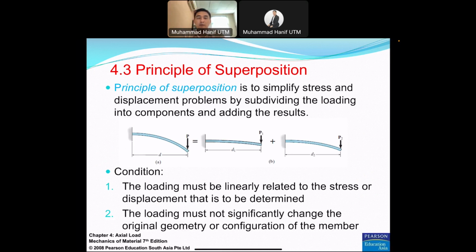Of course, in the examination only some equations will be provided, so you have to memorize the equation. What method you use to memorize is up to you. The one that I use is "ply". Okay, so let's continue to the next subtopic, which is the principle of superposition.